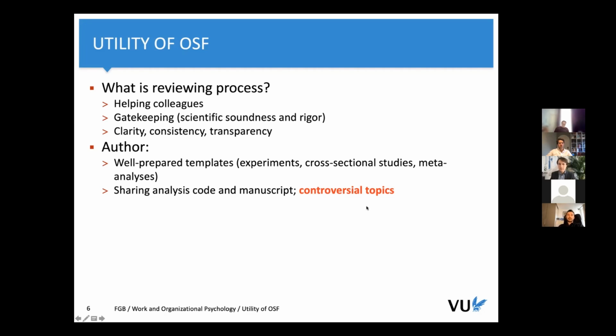Some think that video games, specifically the violent games, do not have bad effects, but the other group shows that there can be some negative effects. So basically, if we want to contribute to this kind of field, OSF can be used for sharing the code and showing how we did our research and why and how we found, for instance, negative effects related to video games. So it's specifically important for this kind of topics, I would say.